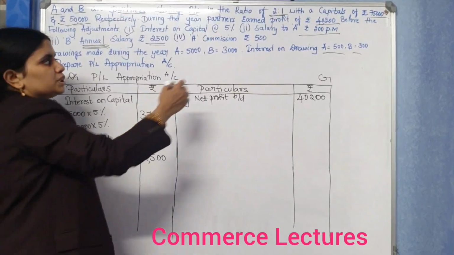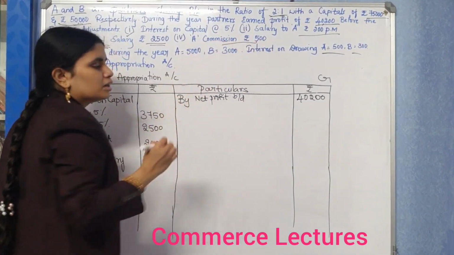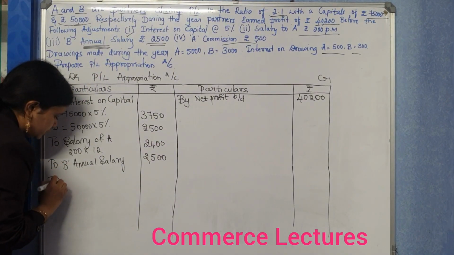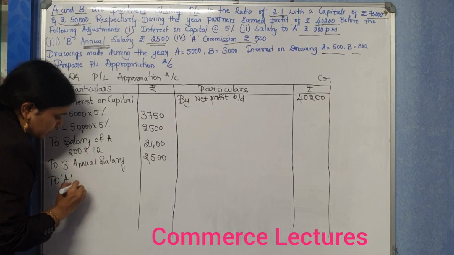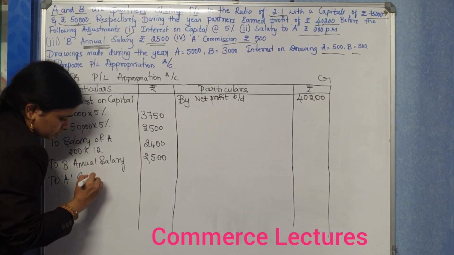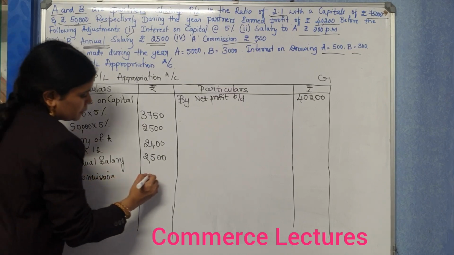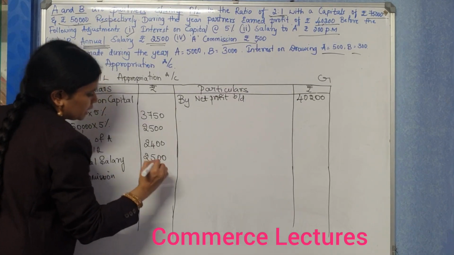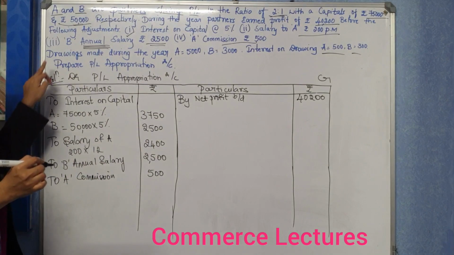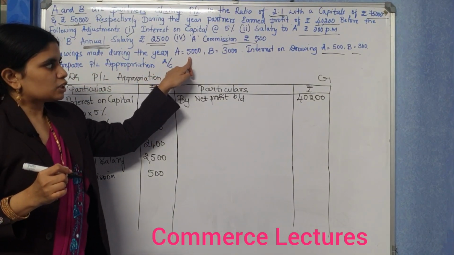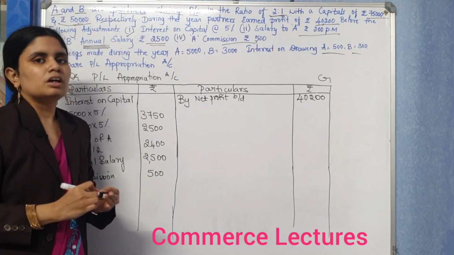What is the commission that we are paying to A? Rupees 500. So where will commission come? On the debit side. A, commission rupees 500.